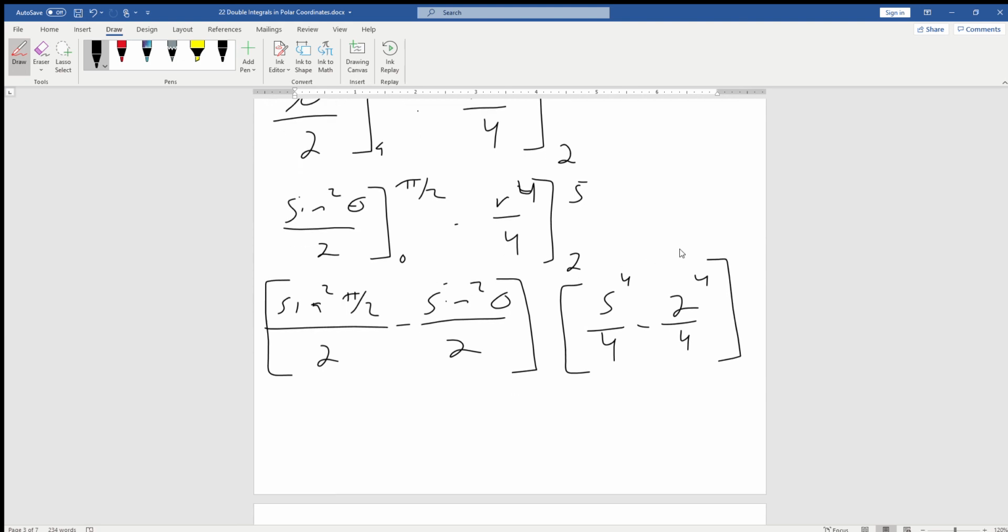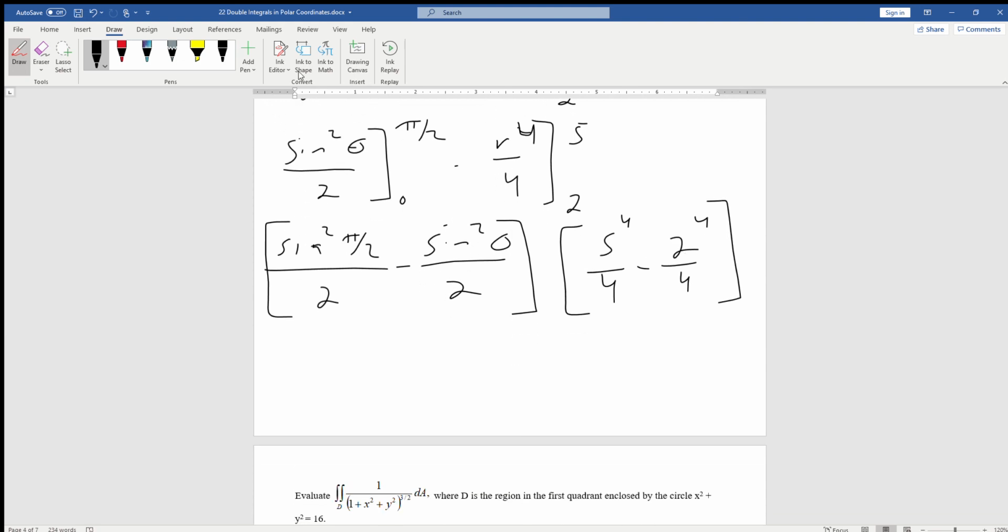At this point, it's evaluation. Not too difficult. Sine of 0 is 0, so that means sine squared of 0 is 0, and that goes away. Sine of pi halves is 1. So we end up with 1 squared over 2 minus 0. Over here, 5 to the fourth: 5, 25, 125, 625 over 4.